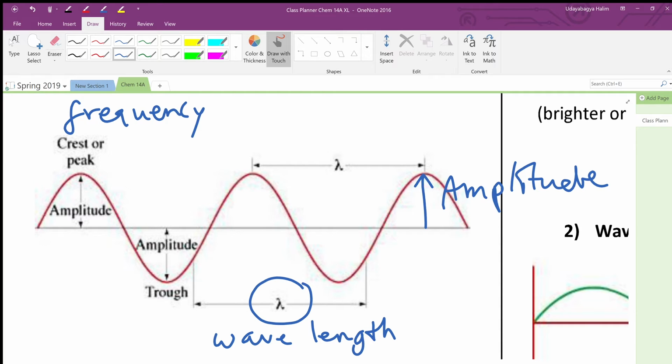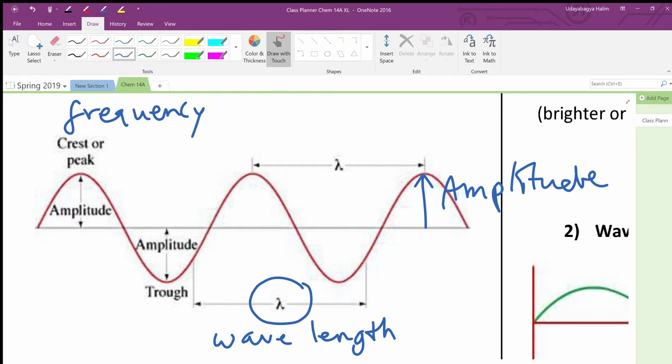So the amplitude is the height of this oscillation, and usually what you see as intensity. If you have a really intense sound or a really intense light, that particular light has a larger amplitude. The wavelength and the frequency are a little bit different. The wavelength is the repeating unit.